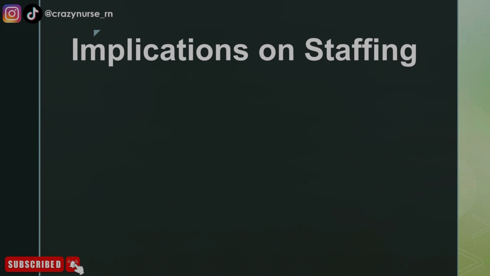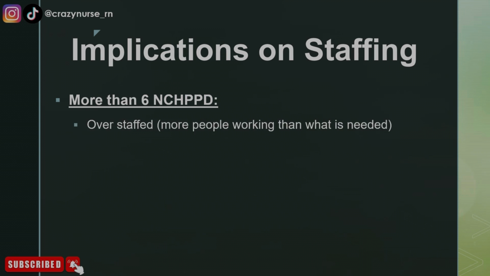You might be wondering, what are the implications of this on staffing? If we base on our result, if it is more than 6 nursing care hours per patient day, that means we are overstaffed. There are more people working than what is needed.